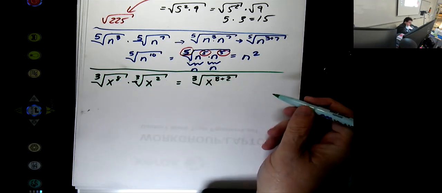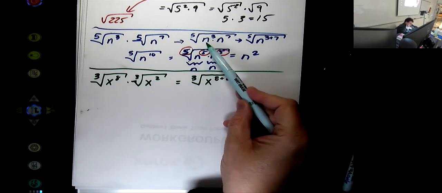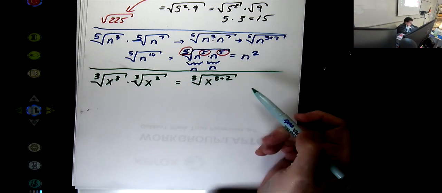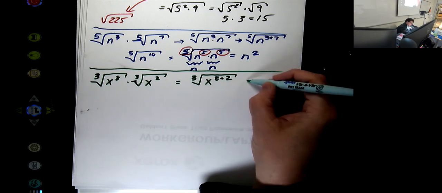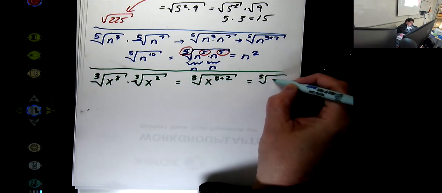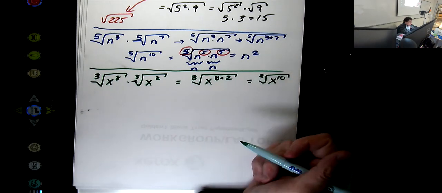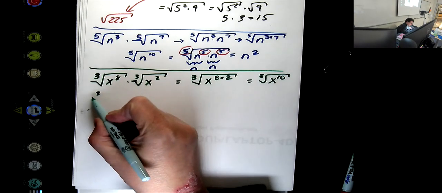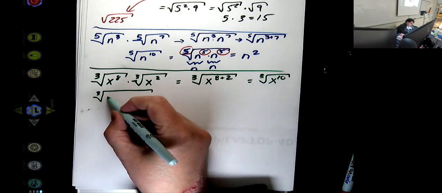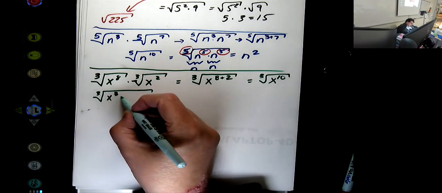Here I skipped a step I wrote above. But I hope you guys will get comfortable with when the base is the same, you can add the exponents. So I've got the cube root of x to the 10th power. One way to do this, if you like sticking with radicals, just keep taking 3 away from the 10 until you can't do it anymore.